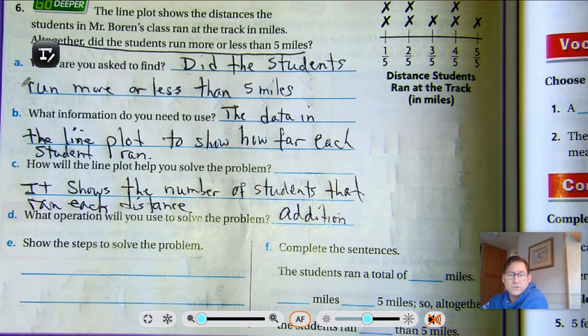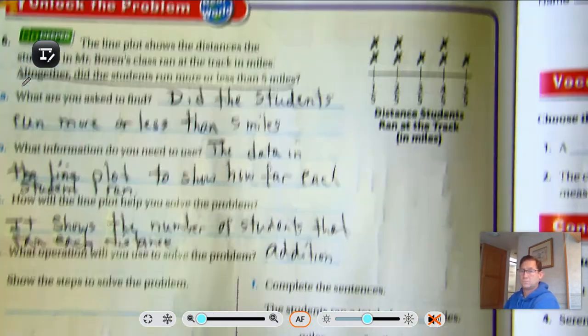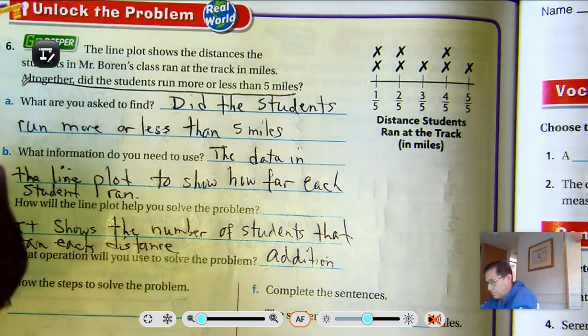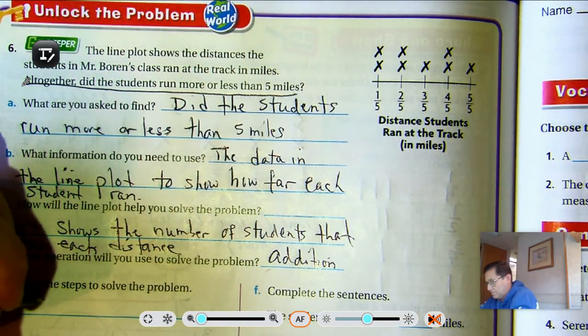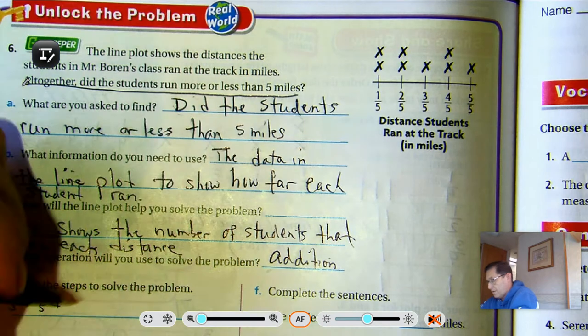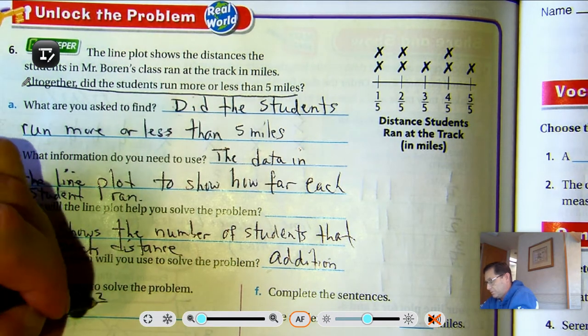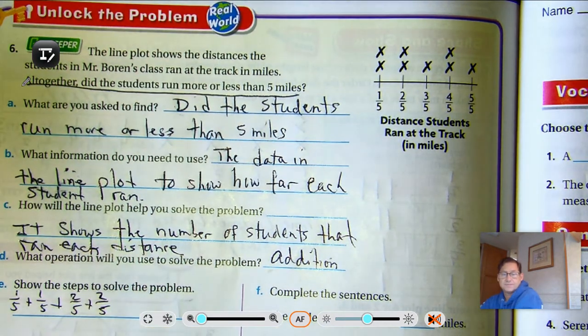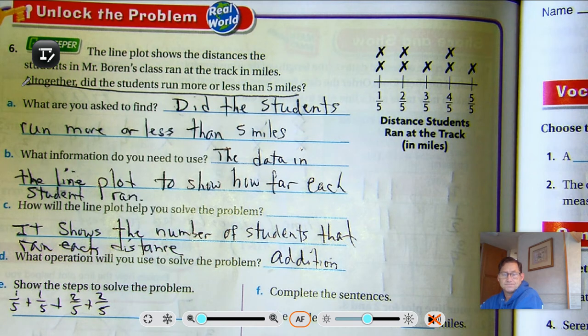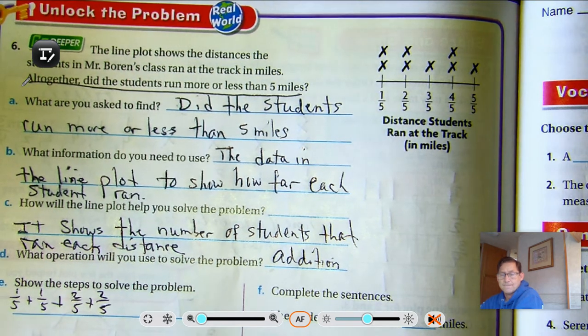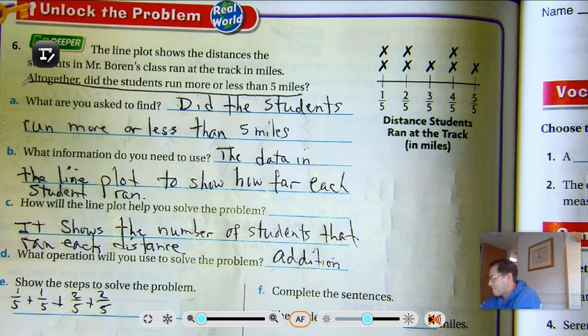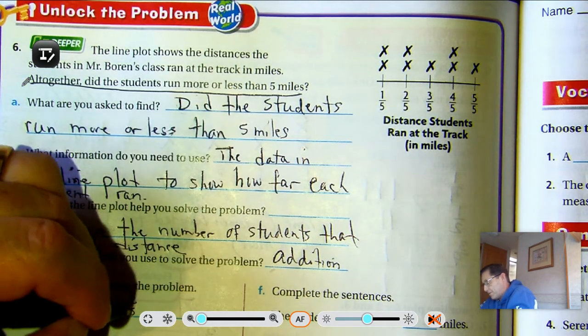All right, so I'll show the steps to solve the problem. Well, okay, so we have 2 1/5. We have 2 2/5. We have 1 3/5.